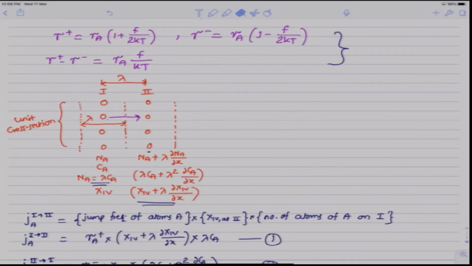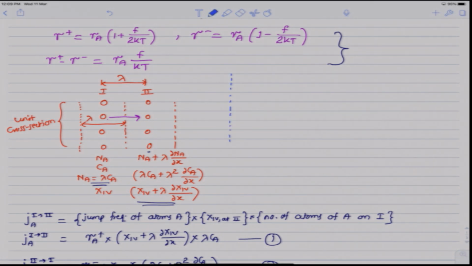So if there is a chemical potential gradient, suppose let us say chemical potential of A is decreasing from plane 1 to plane 2, obviously there will be a net decrease in Gibbs free energy, and this will act as a driving force for diffusion from plane 1 to plane 2.